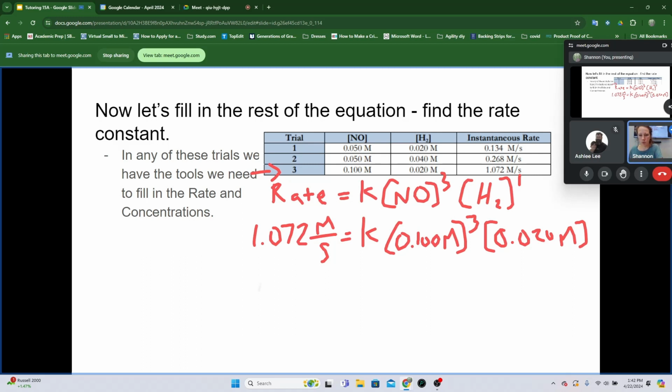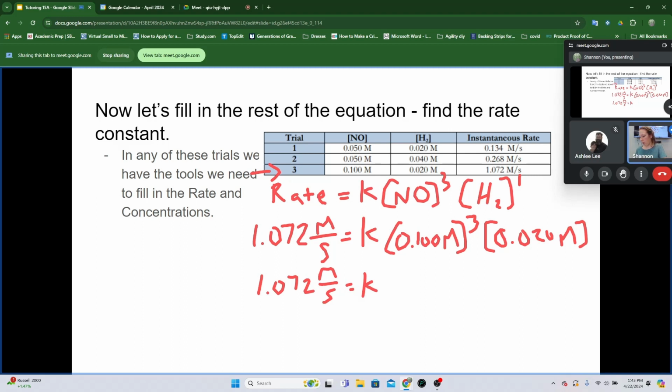So then you just start solving for K. You have 1.072 molarity per second equals K times the product of the concentrations, and don't forget your exponents when you're multiplying. So you're going to do 0.1 to the 3rd power on this, right?